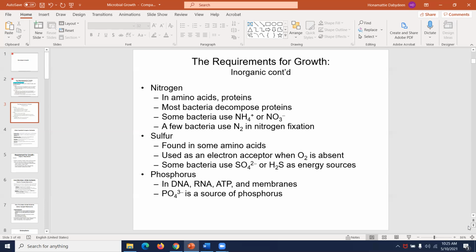Phosphorus, sulfur. Sulfur, again, you can find in some of the amino acids, not all of them. And it's one of those common materials that is used as an electron acceptor when oxygen is absent.